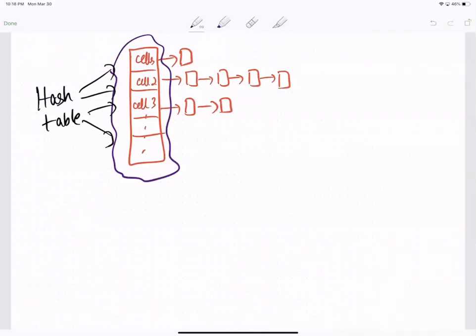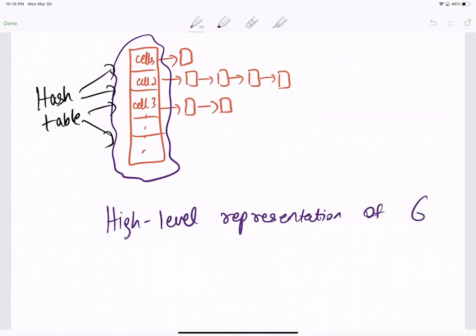So this is our high level representation of G alpha. Okay, so then we described whatever we needed to about this graph G alpha.